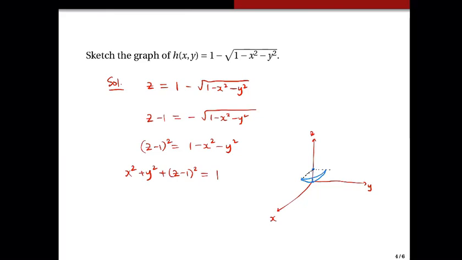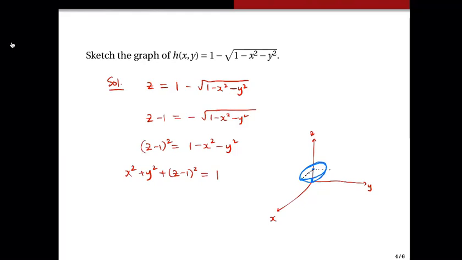So let me just extend the hemisphere somewhere here. Okay. So pardon my sketch, but that's the hemisphere. I hope it's viewable, or it justifies at least the actual sketch of our function.